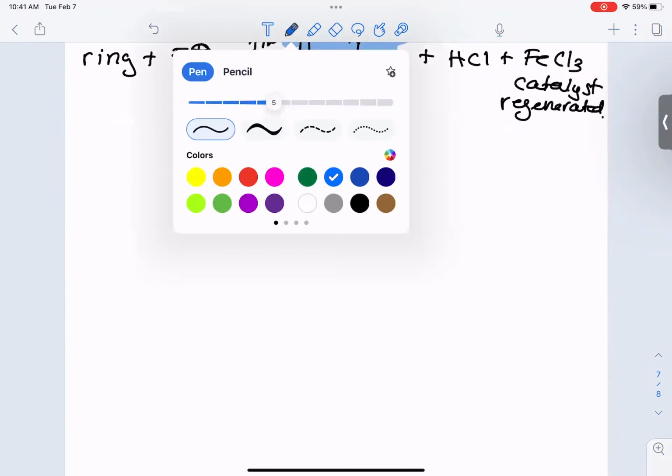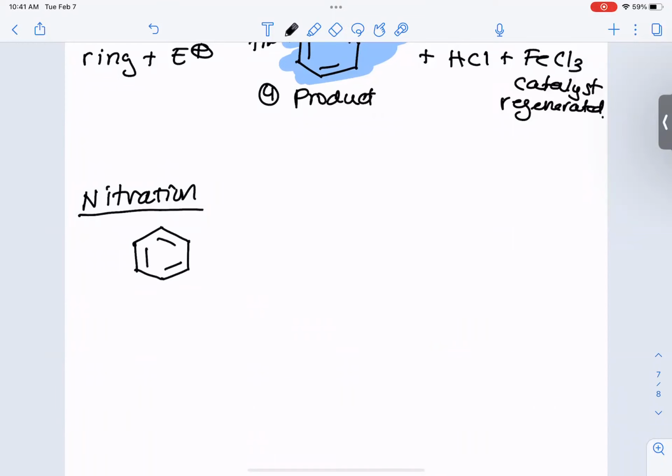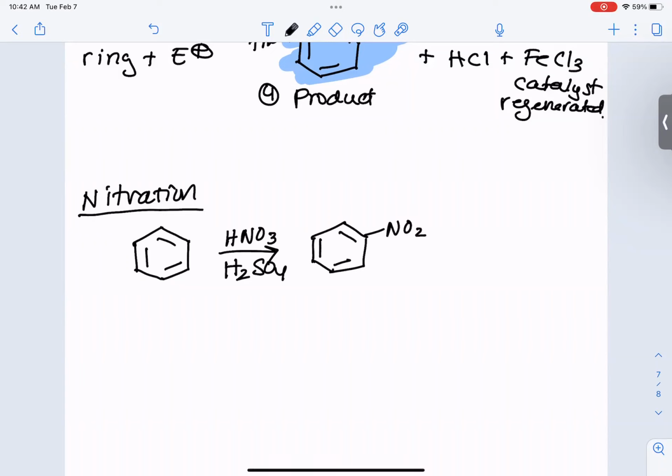For your nitration, generically, you'll have your aromatic ring, you have your HNO3, your H2SO4, and you're going to put a nitro group on your ring. Okay.